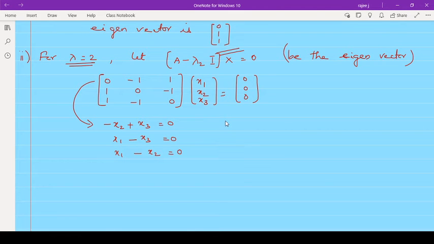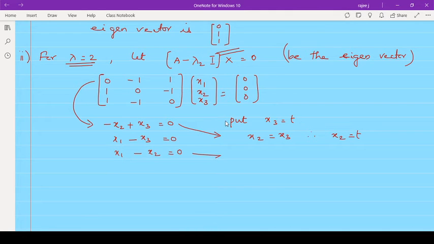Now again we need to find x1, x2, x3. Here I am putting x3 equal to t. Then from here x2 equal to x3, therefore x2 is also t.